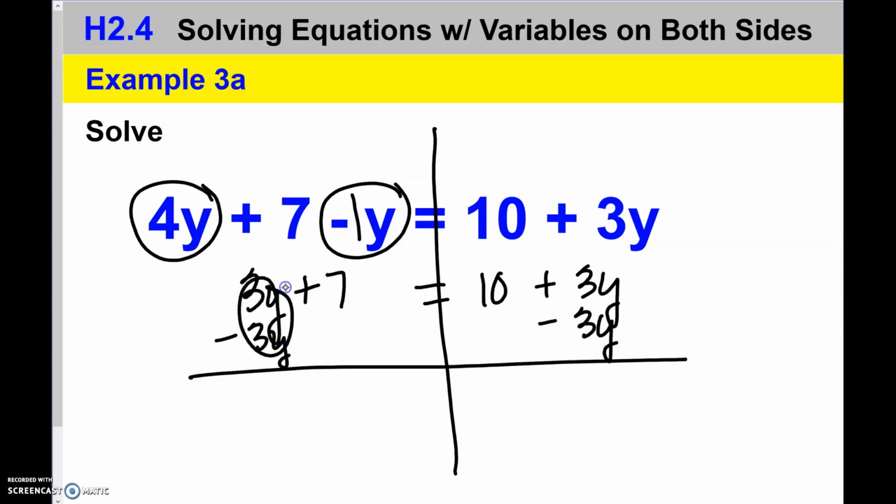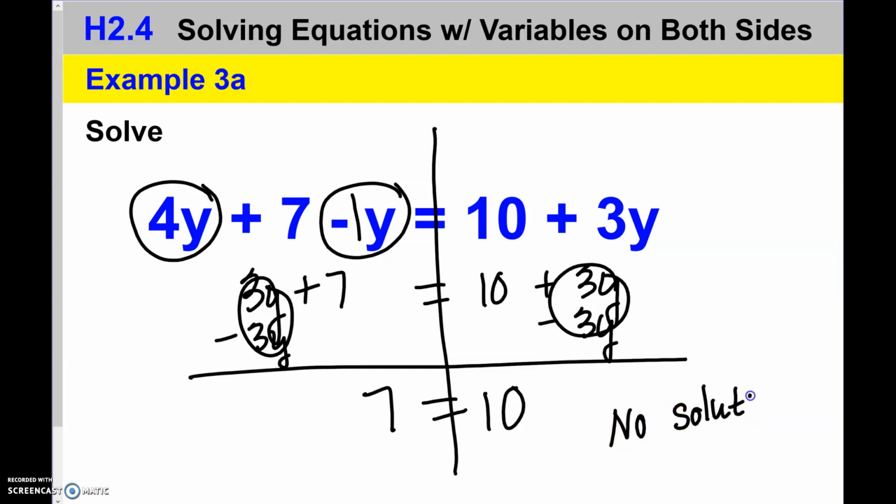So this cancels out, and I have 7. This cancels out, and I have 10. Does 7 equal 10? No, this is what we call a contradiction, so there are no solutions. No solutions to this problem. There is no number that you can plug in to make this work. If you want to pause it and try lots, go ahead and try them.